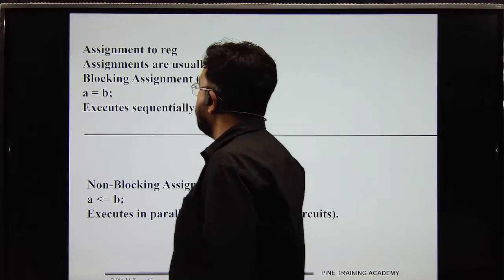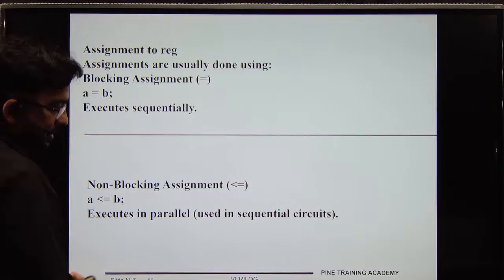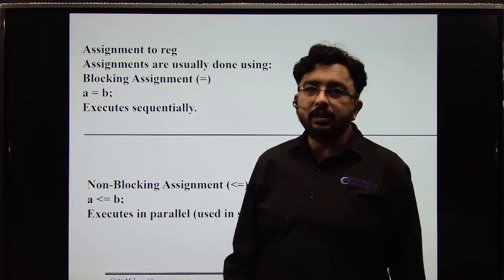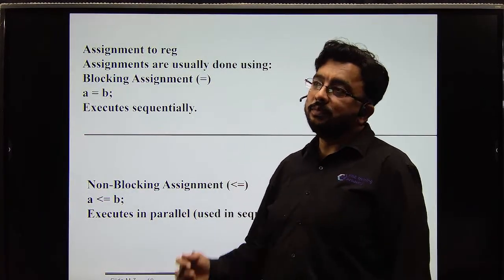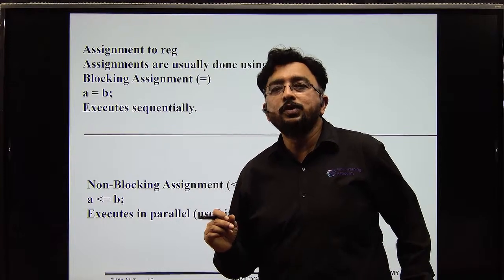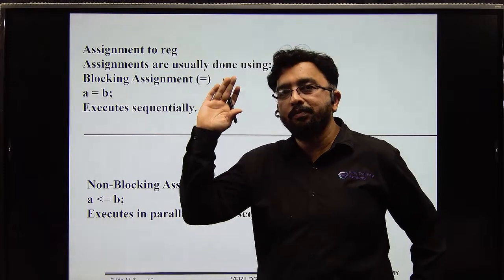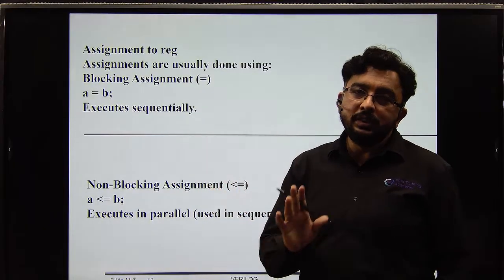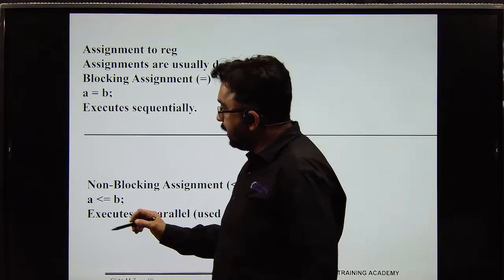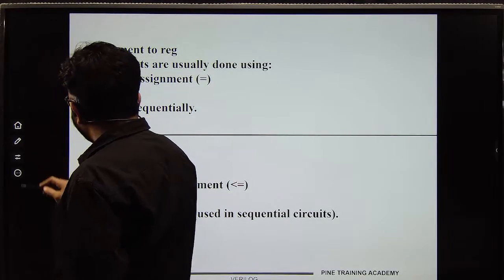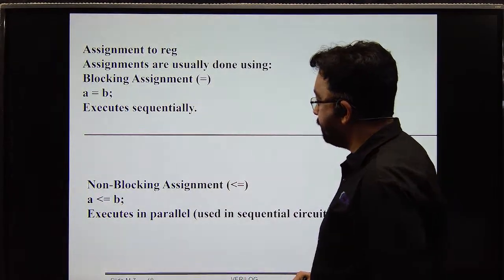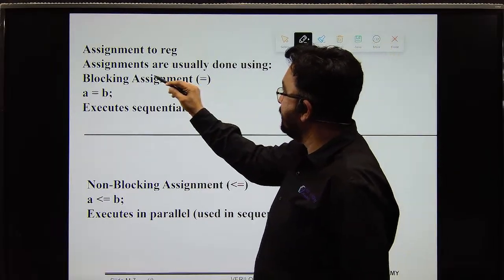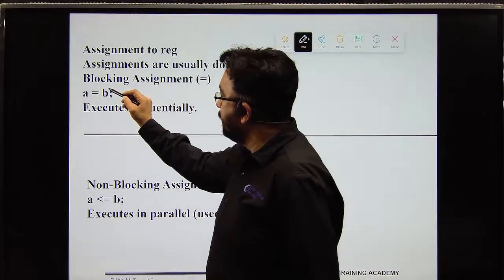Next. As I mentioned two, three times, about blocking and non-blocking. Blocking and non-blocking are the two procedural statements basically used in behavioral modeling. Very important concept. But for now, just for your information, assignments to reg are usually done using blocking.